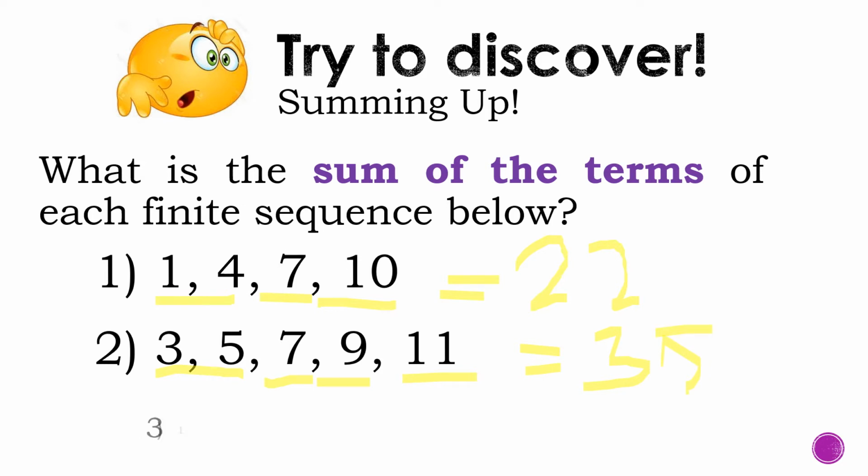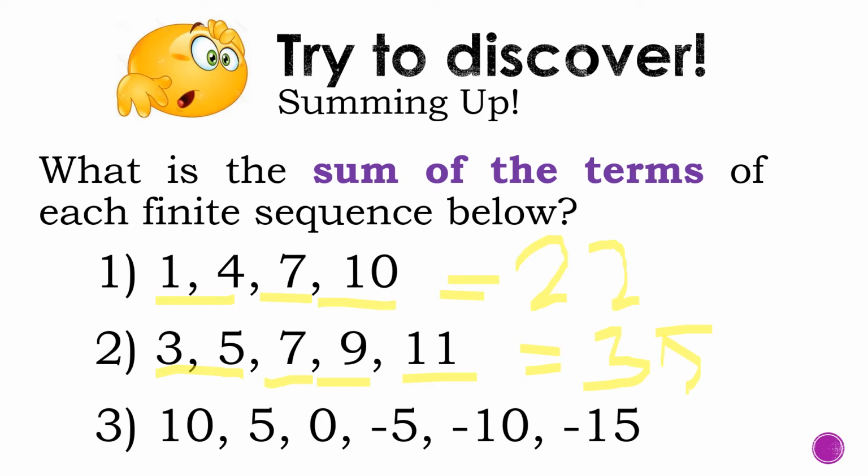Okay, now in problem number 3, what is the sum of the terms? 10 plus 5, that is 15. Plus 0 is still 15. Plus negative 5, that is positive 10. So positive 10 plus negative 10 is 0.